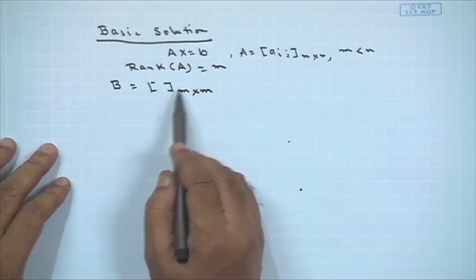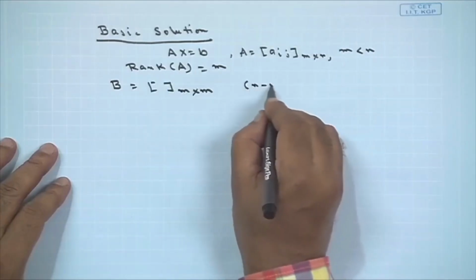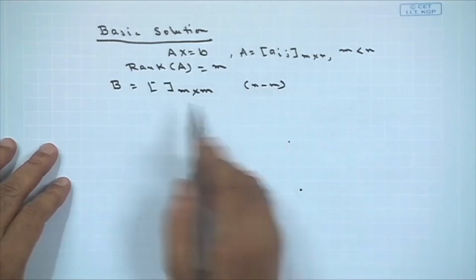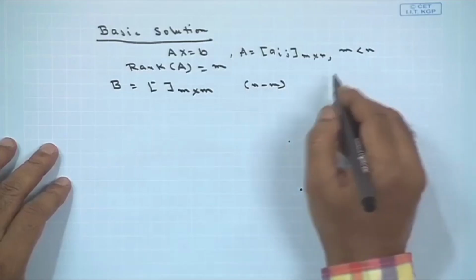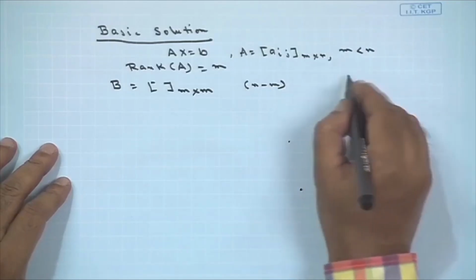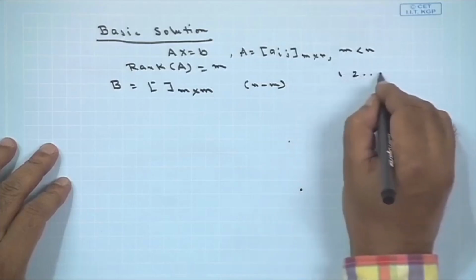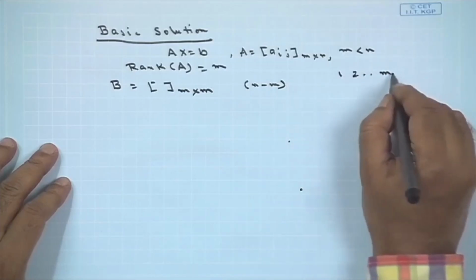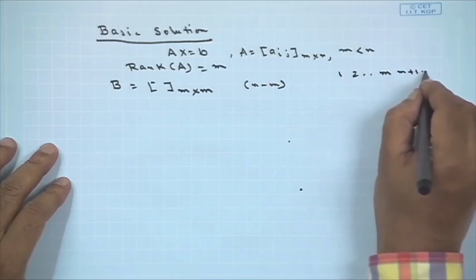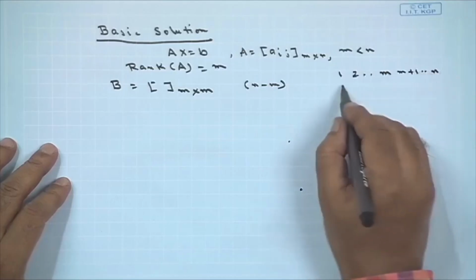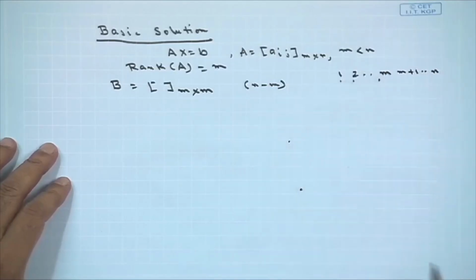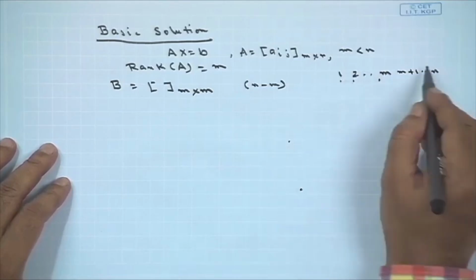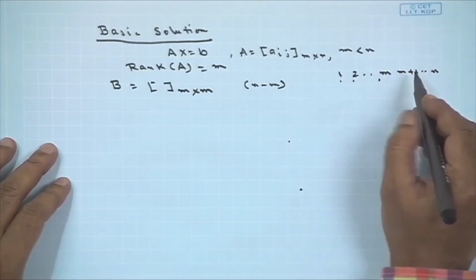Whereas all other n minus m variables, that means if I have the columns 1, 2, like this way up to m, and then again m plus 1, like this way up to n. So, these are the basic variables, and these are the non-basic variables.